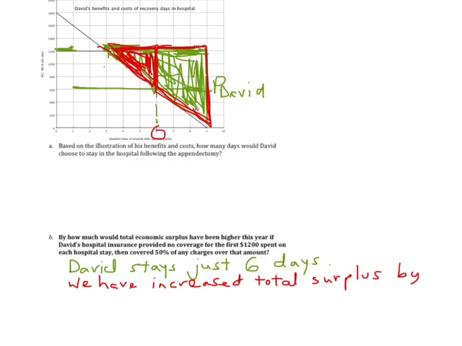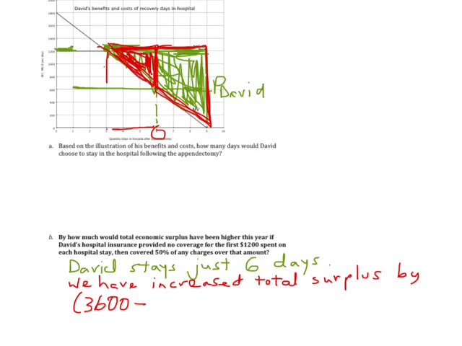So this big triangle is 6 days. The base is 6 days. He stayed 9. The optimum was 3. And it's 1,200 high. So 1/2 times base times height gets us to 6 times 600, 3,600 is that level. And we're going to subtract off this area. This area is 3 days. The base is 3 days. The height is 600.